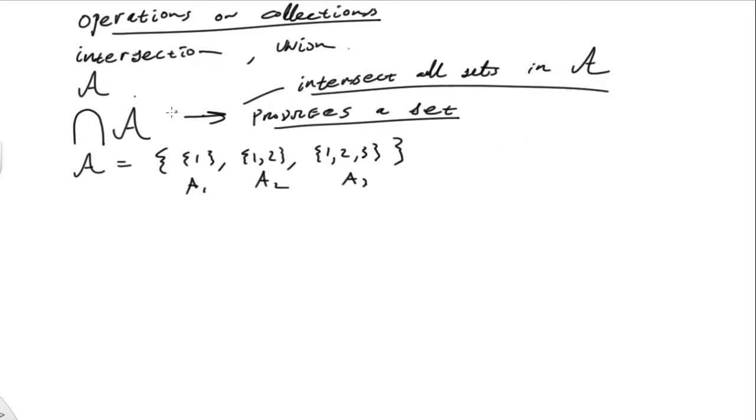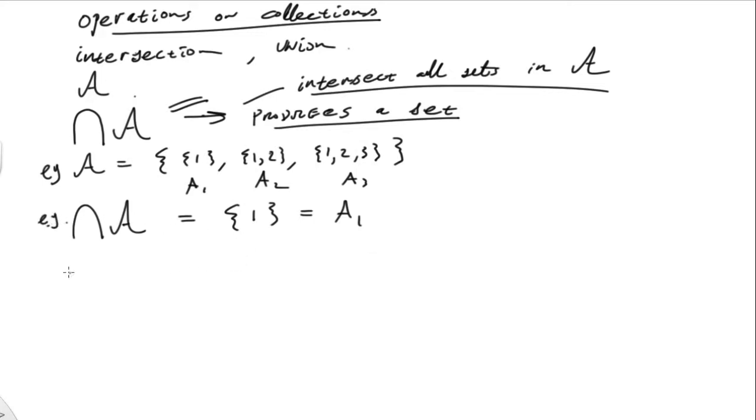That's what this symbol means right here. Okay, so let's do that for our example. It's pretty straightforward to see. We intersect the first two sets, and of course the common element in both of those is 1, and we intersect that with the third, and the common element between all three of them is of course 1, so the output set is simply 1, or in this case we can also say A1. Okay, in this particular example.